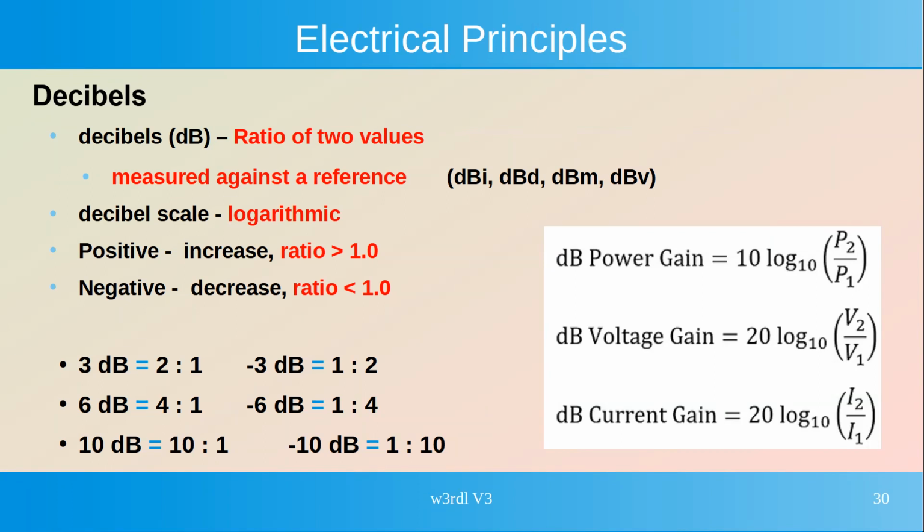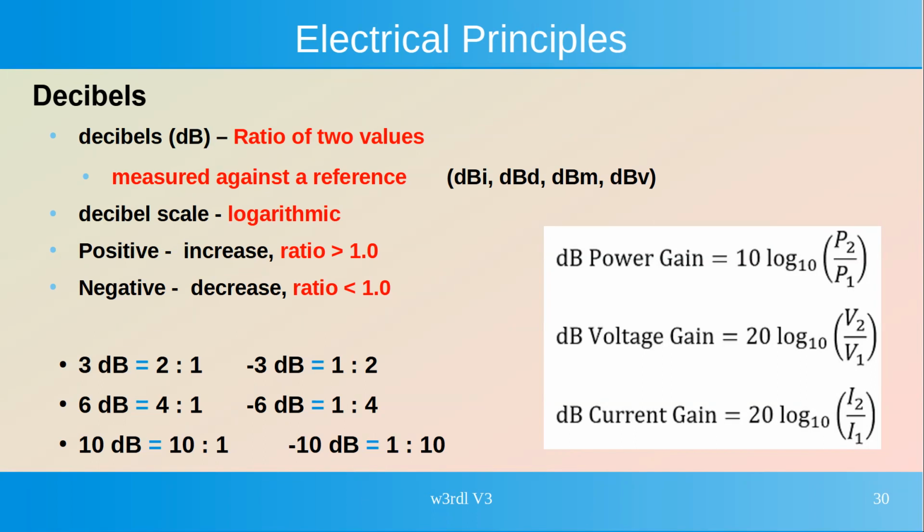AT&T back in the telegraph days started off with bells, and it was just too large a unit, so they settled on decibels as a way to measure it. So the normal ones that you will be dealing with, particularly on the exam, are things like 3 dB is a ratio of 2 to 1.